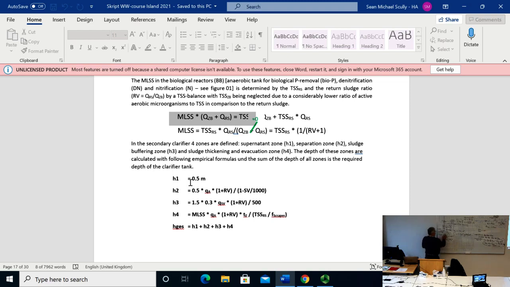Then you end up here with a sludge volume of 50.3 liters per PE per day.